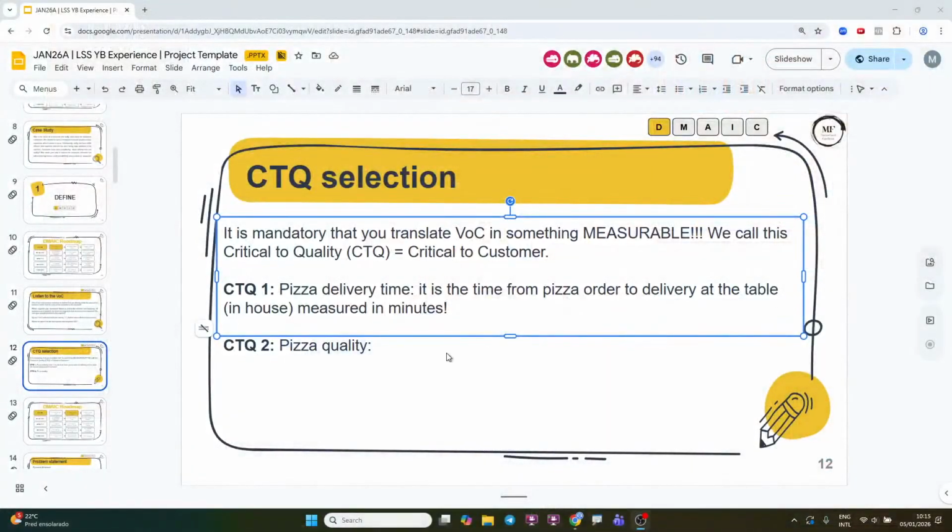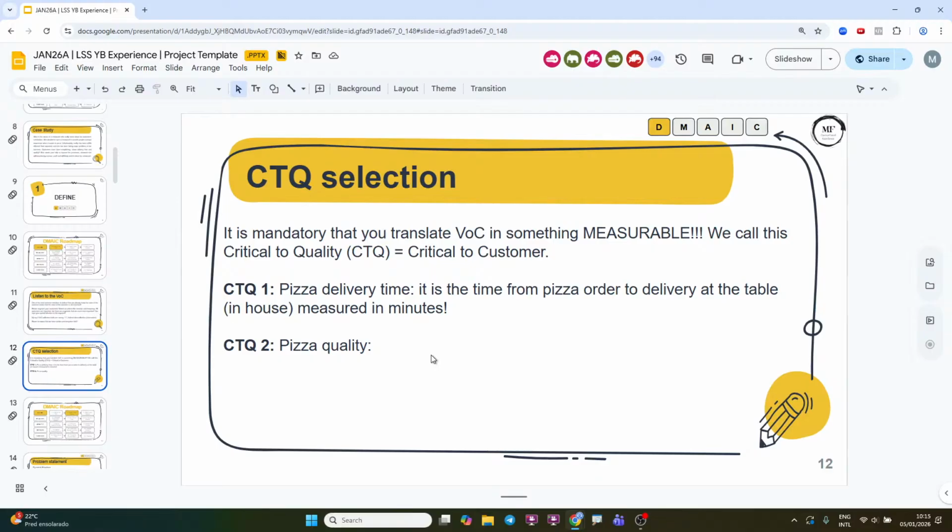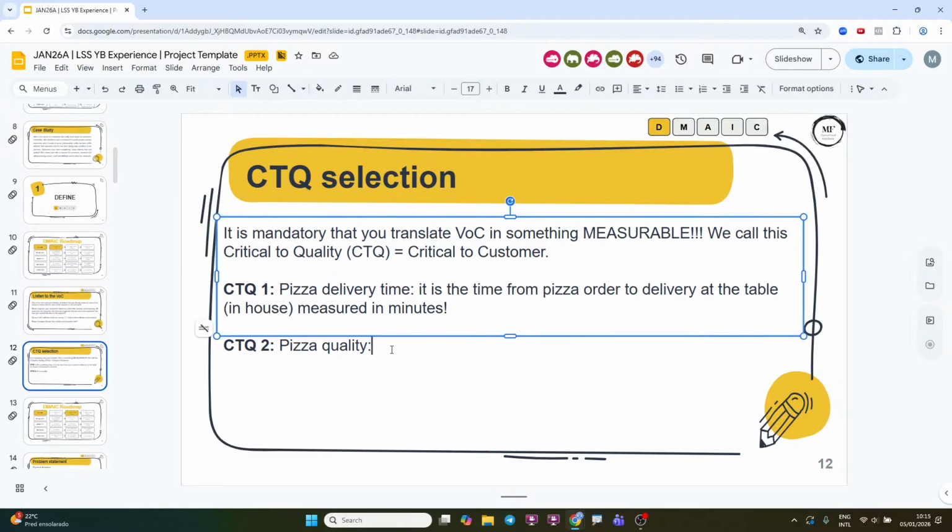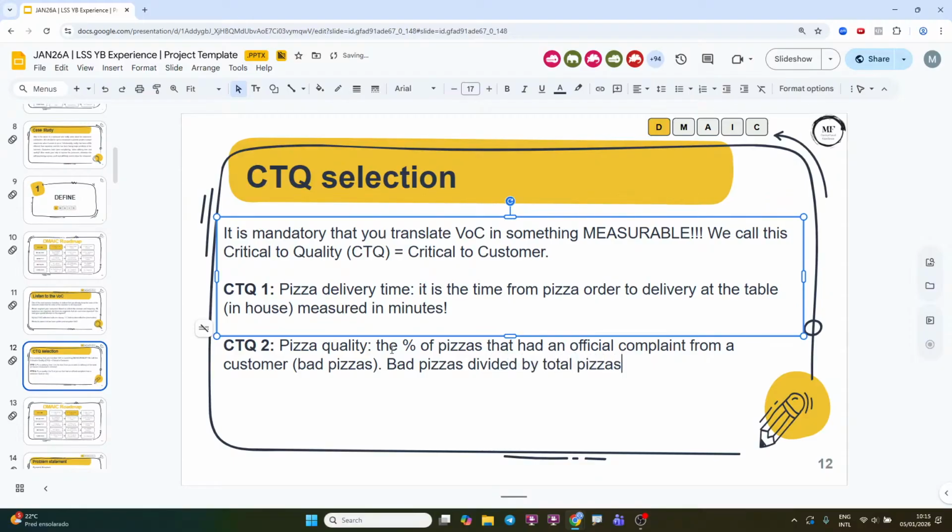The way I'll be measuring pizza quality is the percentage of pizzas that had an official complaint from a customer. Let's call these bad pizzas. So I'm going to calculate bad pizzas divided by total pizzas.